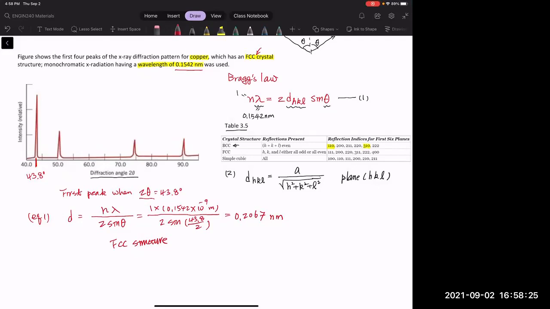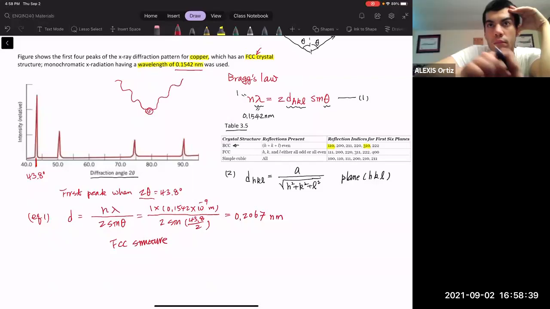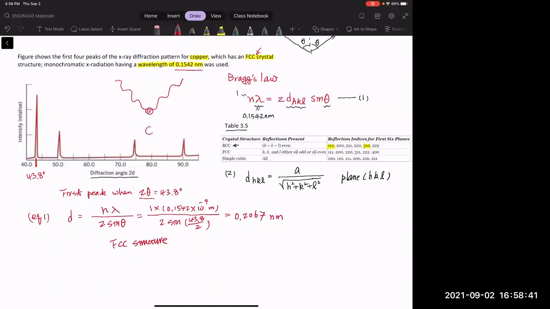This n here represents, so if you have 2 waves, let's say you have a wave coming here, and when it hits the atom, it will bounce. And then you have another atom at the bottom, and the same kind of X-ray that you shine is going to travel longer before it bounces.